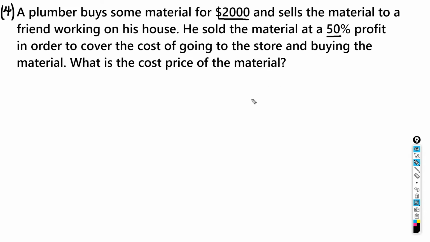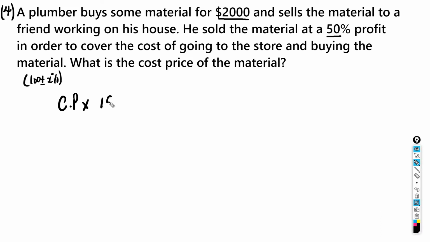Okay, so we're gonna write out an equation again. The cost price, right, multiplied by, remember you sold it at a 50% profit. So remember the equation, 100 plus or minus X percent. In this case, it's plus X percent.